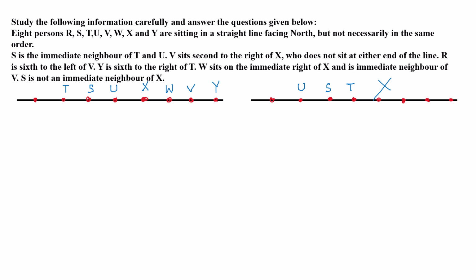Now if you see the condition here, V sits second to the right of X, this condition is satisfying, isn't it? X does not sit at either end, and it is not at either end. Now one more place is empty here. If you see all the persons' names, R is missing, so R will come in the front. So like this, one by one you have to read the statement and then do it.